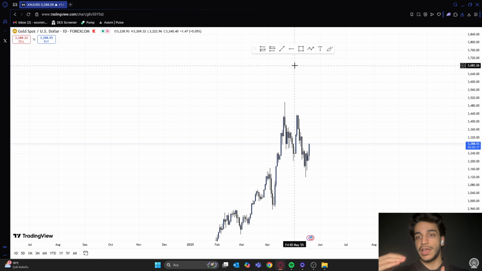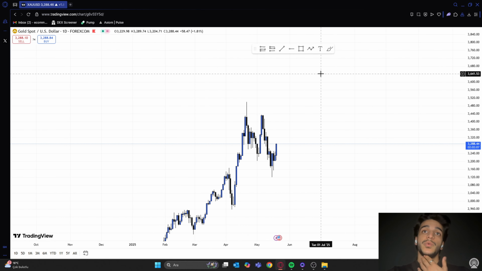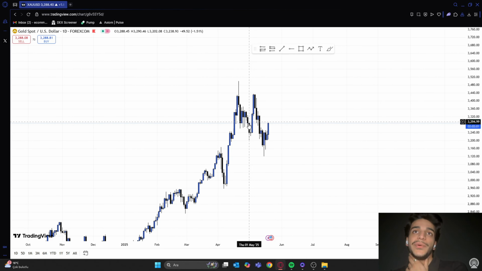If the market makers have an order to go up, who are we? Are we smarter than them? Because of that, we are going to trade with the momentum. If the chart is going up, there is no meaning in going short.